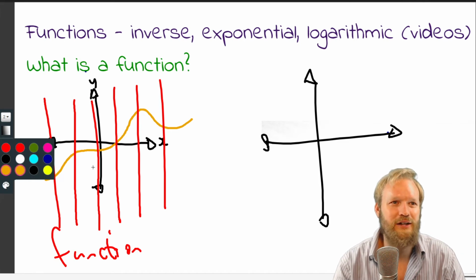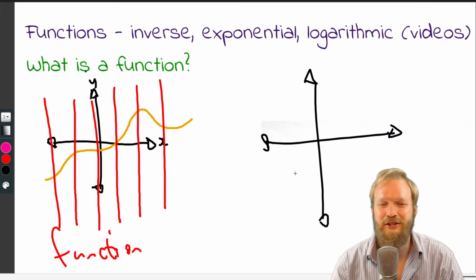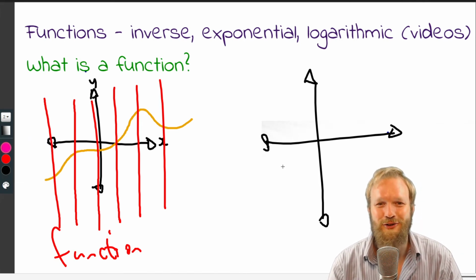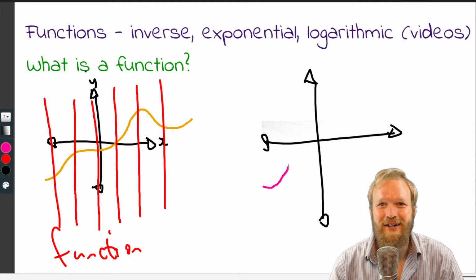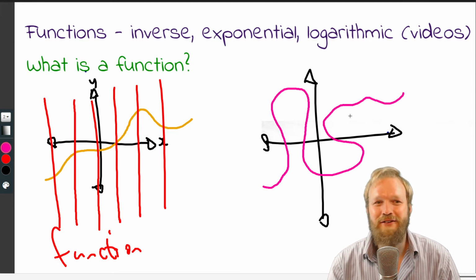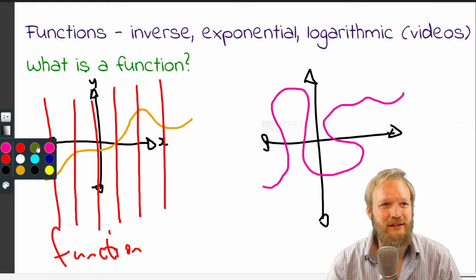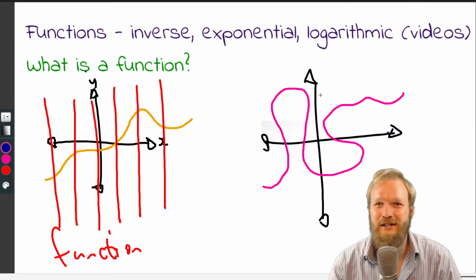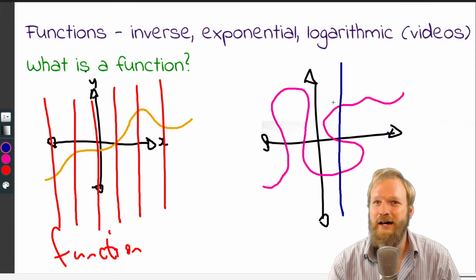Now let's draw another one and say, what about this one? Obviously I'm going to draw one that's not a function, right? And I'm going to go, here we go, and it goes whoop-de-doo, comes round about like that and does that, and we go, is that a function? Well, we easily draw our line. Let's do it like this now and say, well, I'm going to pick over here and go, look, it's cut the graph more than once, and therefore not a function.